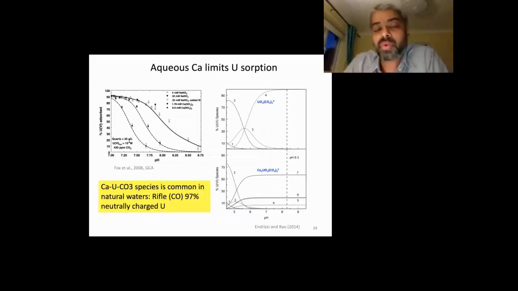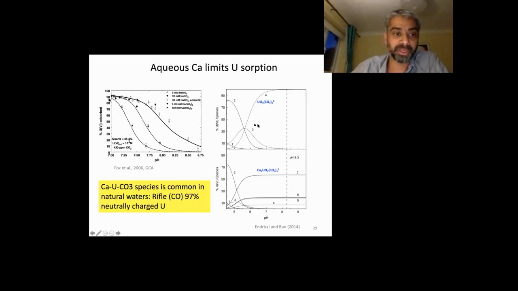But that's not quite what we see in the environment, because wherever you sample groundwater or pore water, even river water, lake water, we usually have quite a bit of calcium dissolved in water. And it's well known that uranium adsorption is highly influenced, particularly above pH 7, by the presence of calcium.